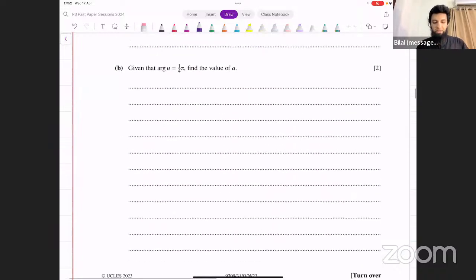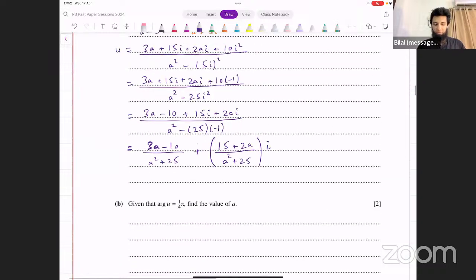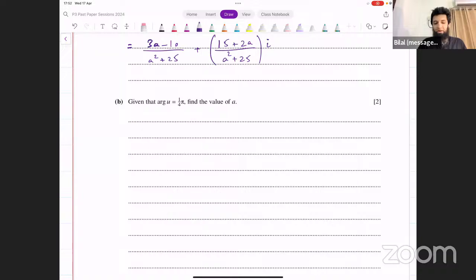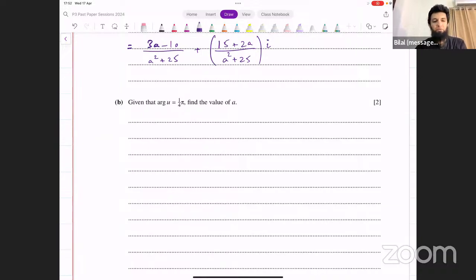Now it says, given that argument of u is pi over 4, find the value of a. Okay, now what's u? This is u, what we found here. It says the argument of u is pi over 4, find the value of a. Now, if the argument is pi over 4, what does that tell us about this complex number? Where exactly is it going to be?